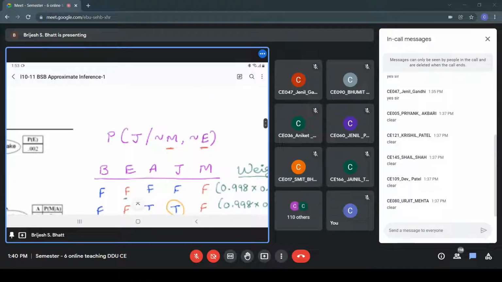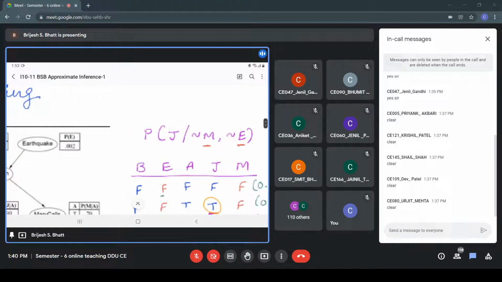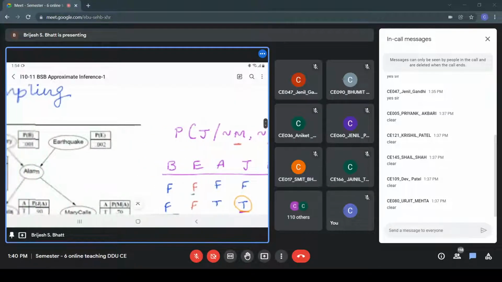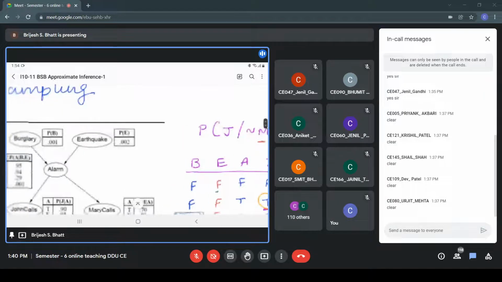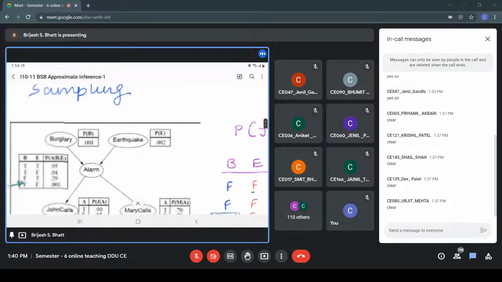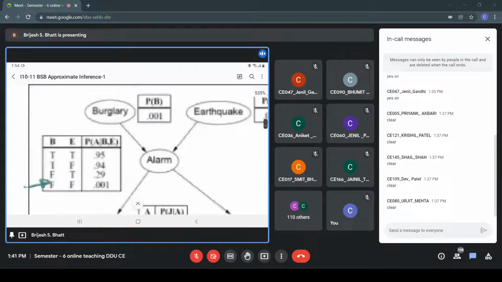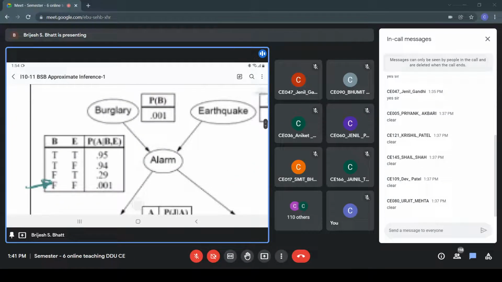So let us see that alarm becomes false given that B and E are false. How likely is it that alarm will be false given that B and E are also false? For that we will look at the last column of the probability of alarm, which is 0.001.